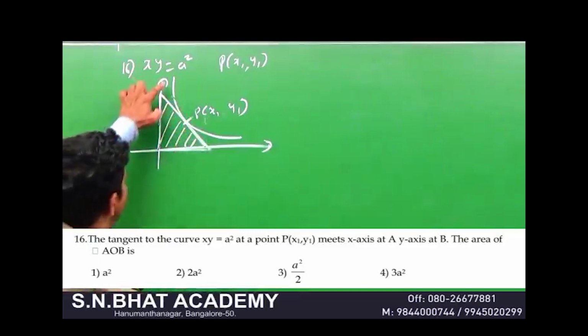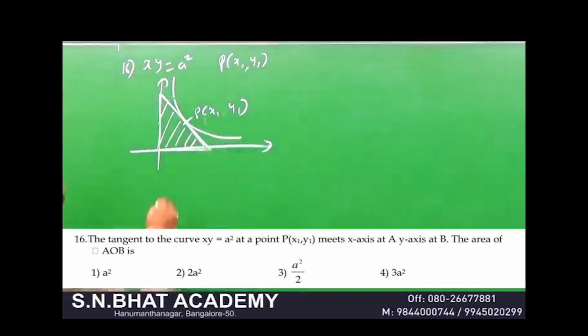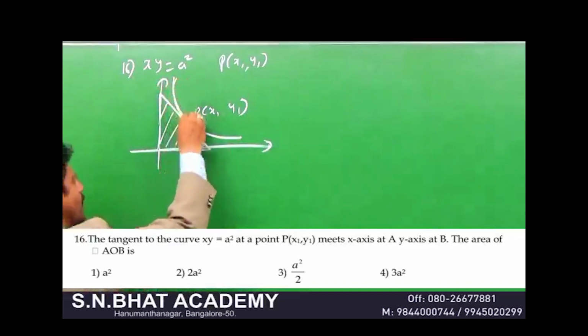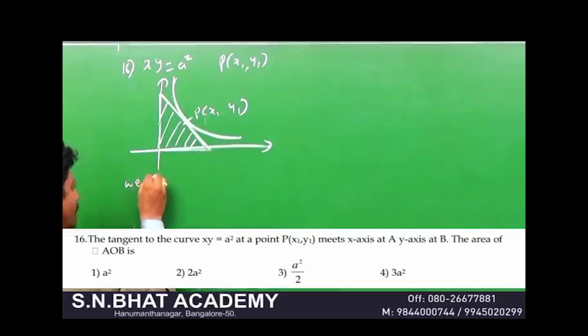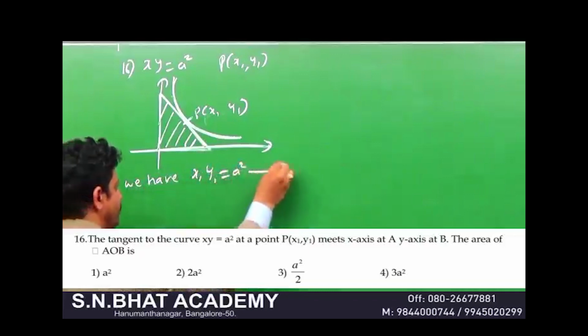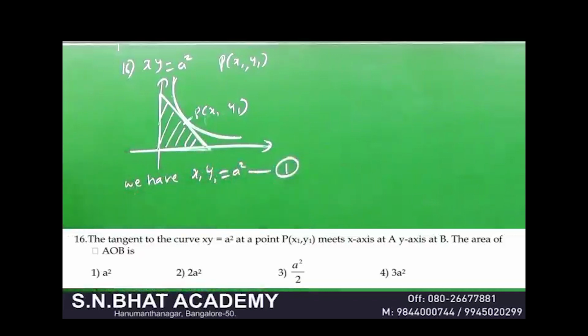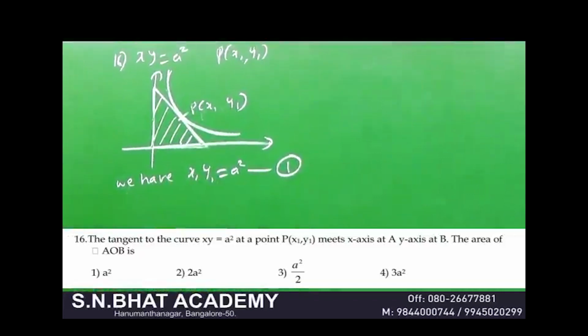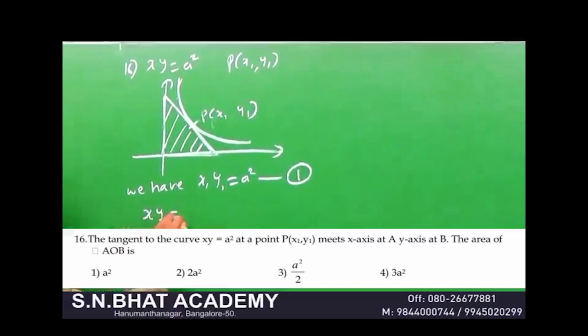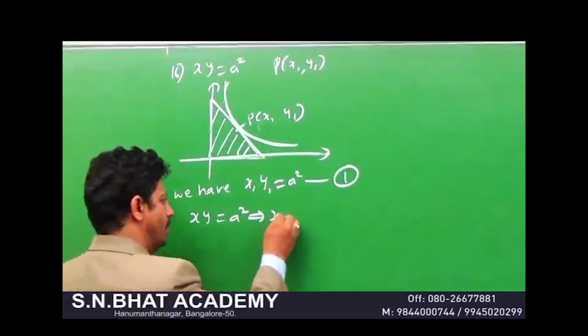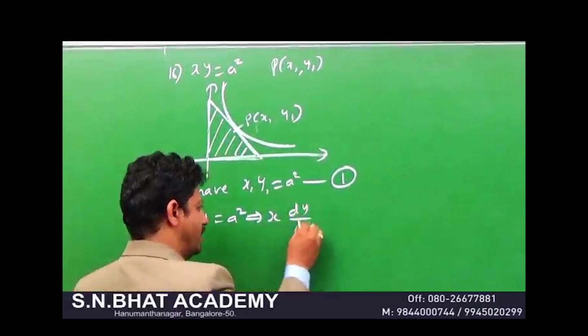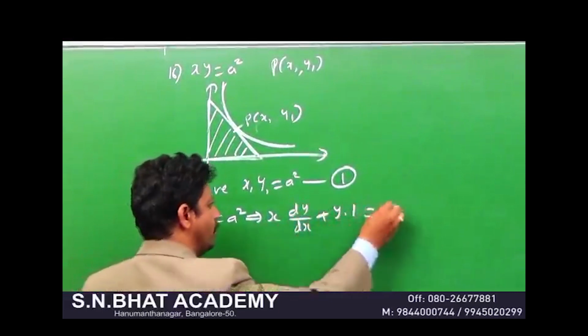First let us determine the equation of the tangent at x1, y1. x1, y1 lies on this curve, which means x1 y1 is equal to a square. Remember this. Now let us differentiate xy is equal to a square. This implies x into dy by dx for y, plus y into 1 for x, and 0 for a square.